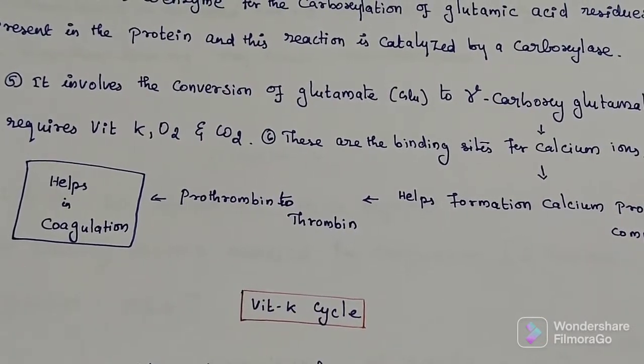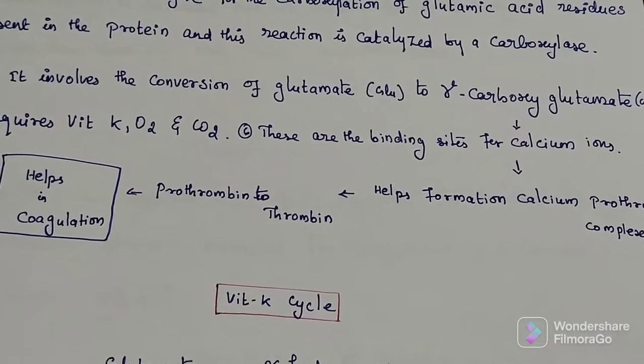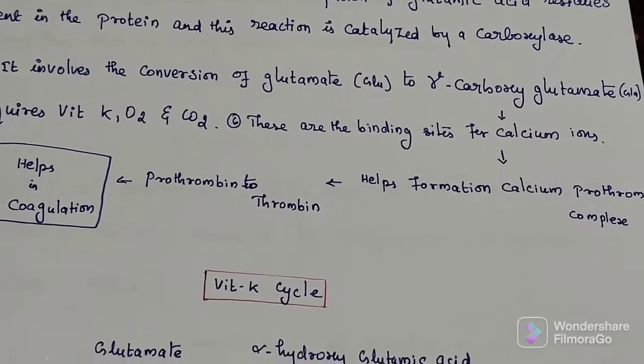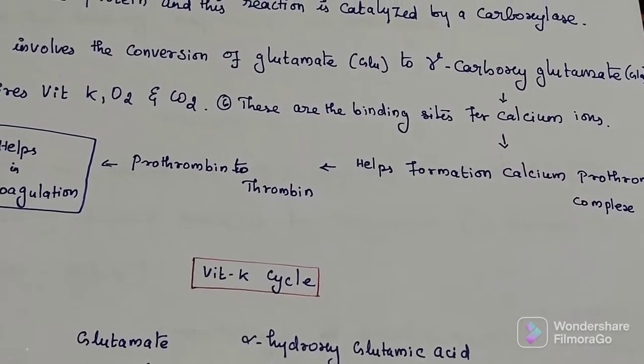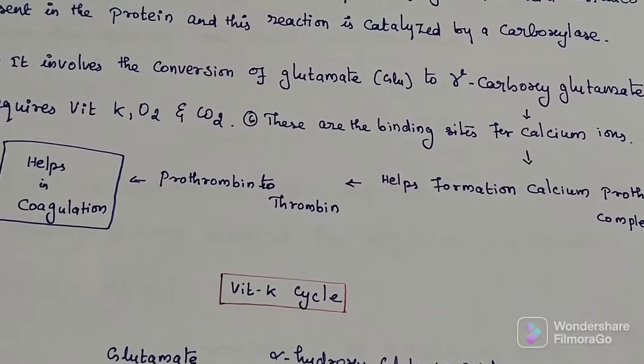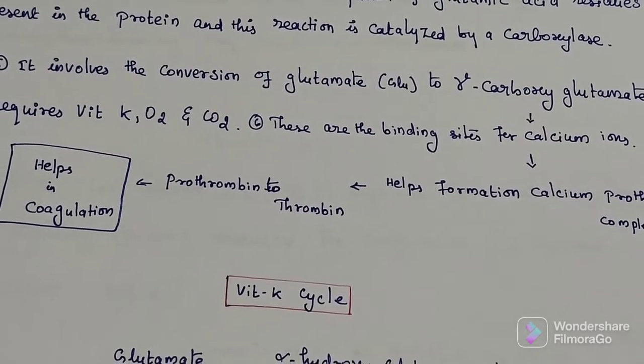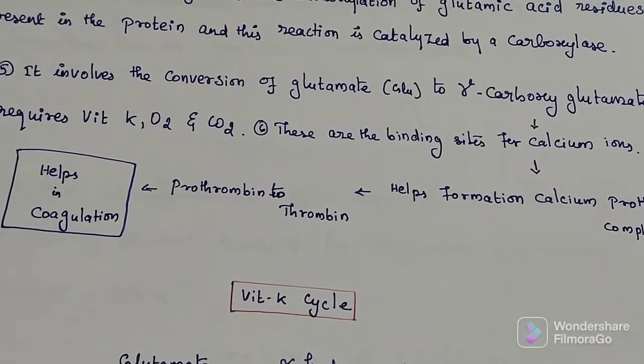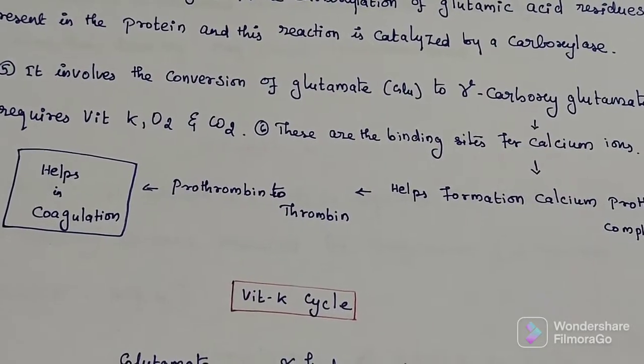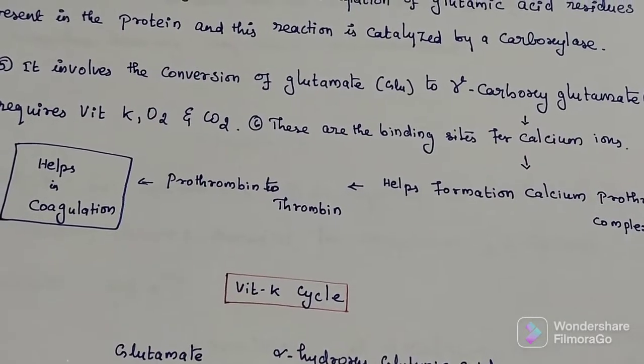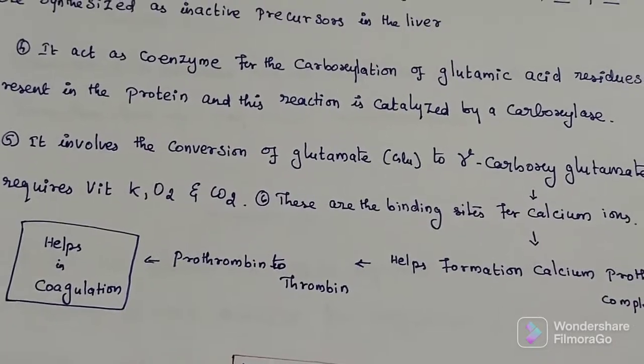It helps in the formation of the calcium prothrombin complex, which attaches to the phospholipid on the platelet membrane and helps in the conversion of prothrombin to thrombin, helping in coagulation.